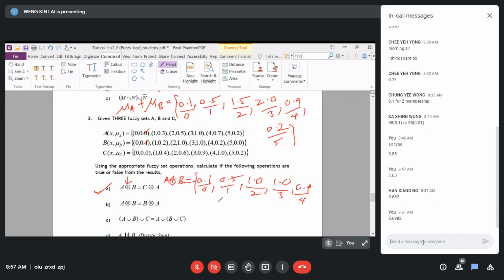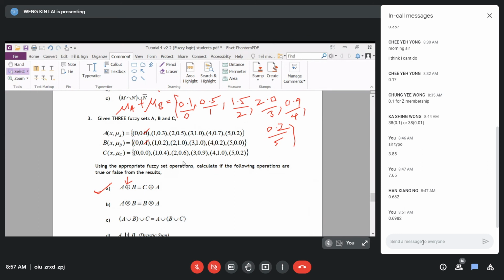The last one is 0.25. Follow? Okay, I have 3 minutes left. So you try the next one, where you have a bounded sum for C and A. So you add up the membership for C and A, and then you do the operation of your bounded sum.